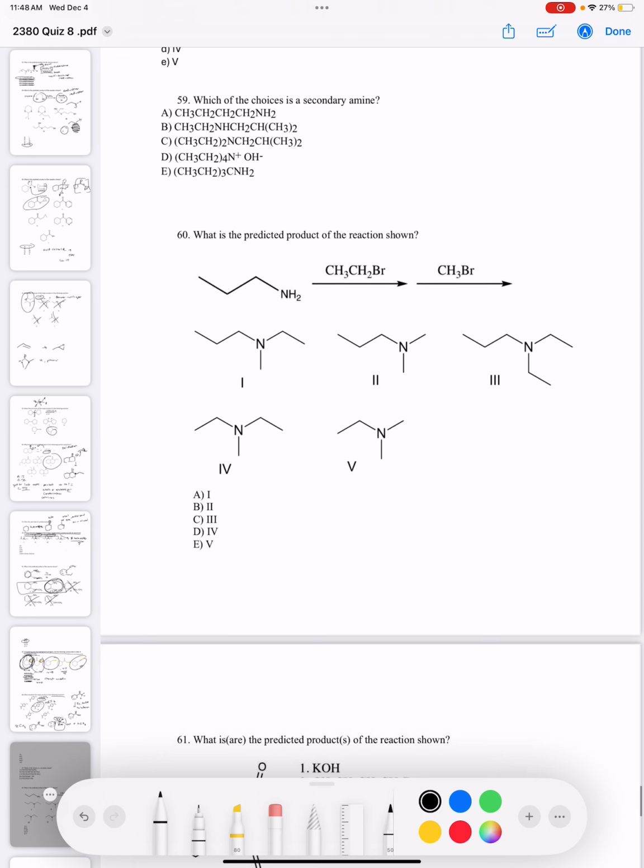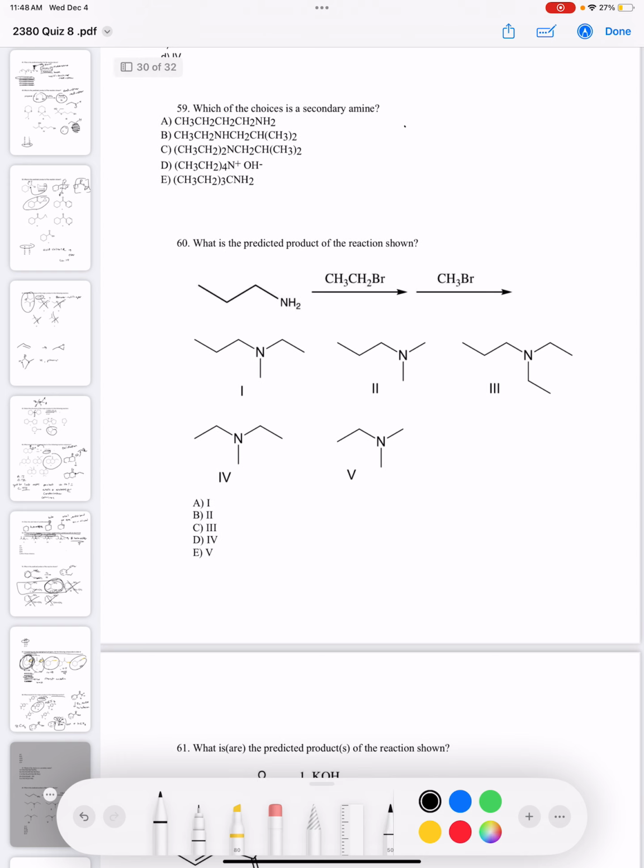Okay, 59. Which of these choices is a secondary amine? Remember for amines, a primary amine has 1 R and 2 H's. That's primary. A secondary amine has 2 R's and 1 H, and a tertiary has 3 R's.